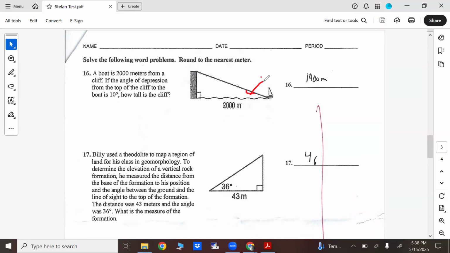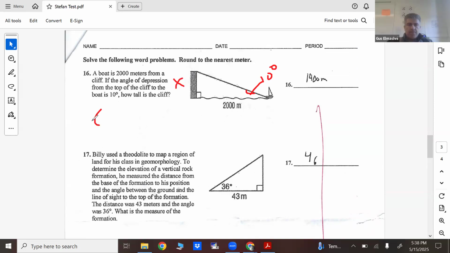Yeah. So call it x, and just solve for x.